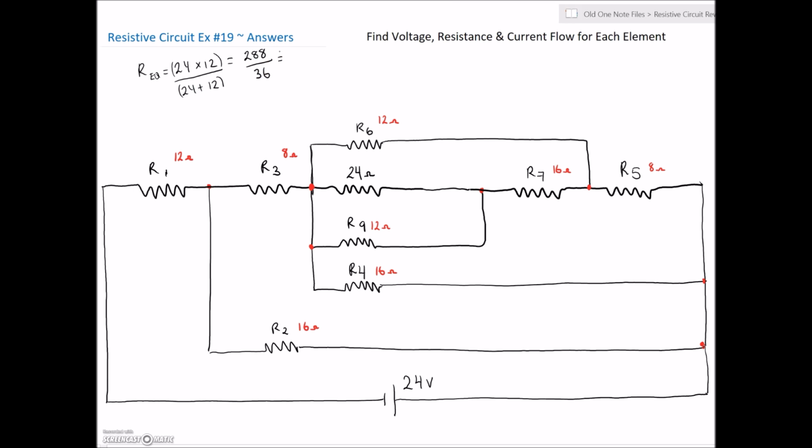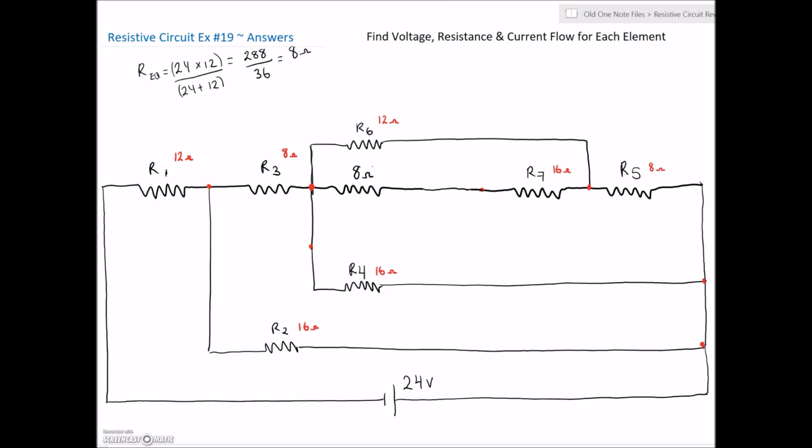So 288 divided by 36 gives us 8 ohms. Excellent, nice round value. Okay, so the one that we had for 8 and 10 and the combination with 9 is now simplified down to an 8 ohm resistance. So we're going to take away this one because we found that equivalent resistance, and change this to an equivalent resistance of 8 ohms.